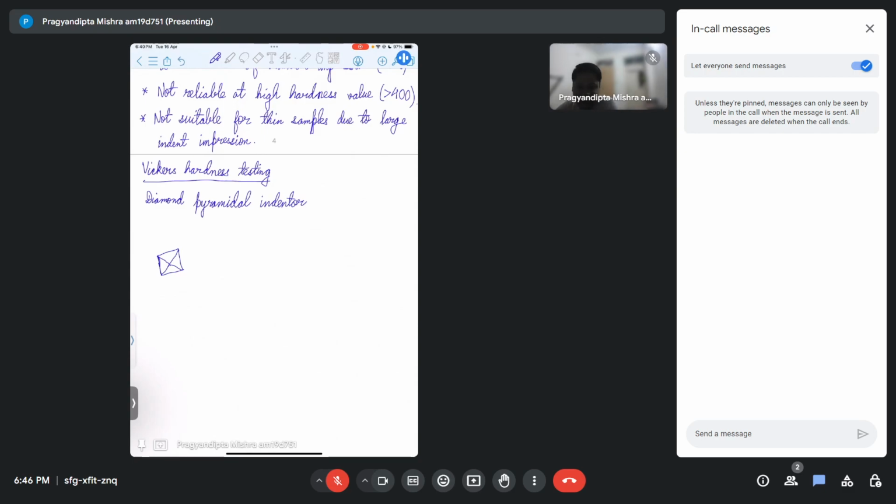Then we will apply a major load, so that it goes down further.